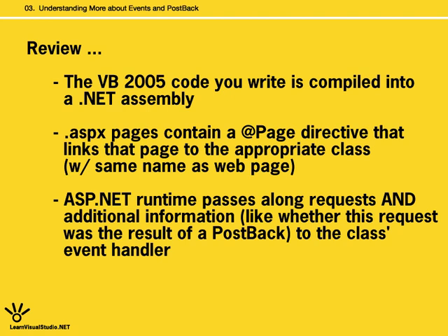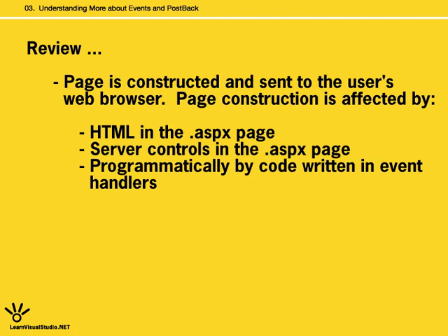So when a page request is made, the ASP.NET Engine sends along information about whether this is the first time request for this page or whether it's the result of a postback, as well as which event actually caused the postback, like a button click, for example. It delivers the web request to the events handler, which is where you write the logic for your site. So in the first lesson, we talked briefly about how the page is then constructed and then passed back to the web browser that originally requested it.